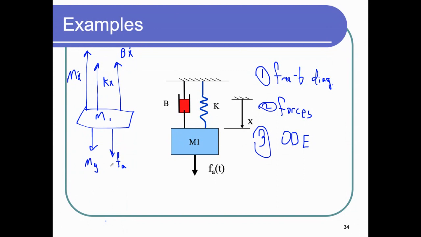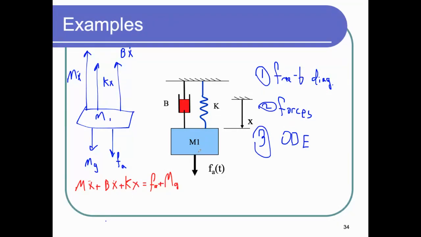Okay, so if we write everything, we have m x double dot plus b x dot plus kx equal to F_a plus mg. Usually for differential equations, you have an equilibrium position.